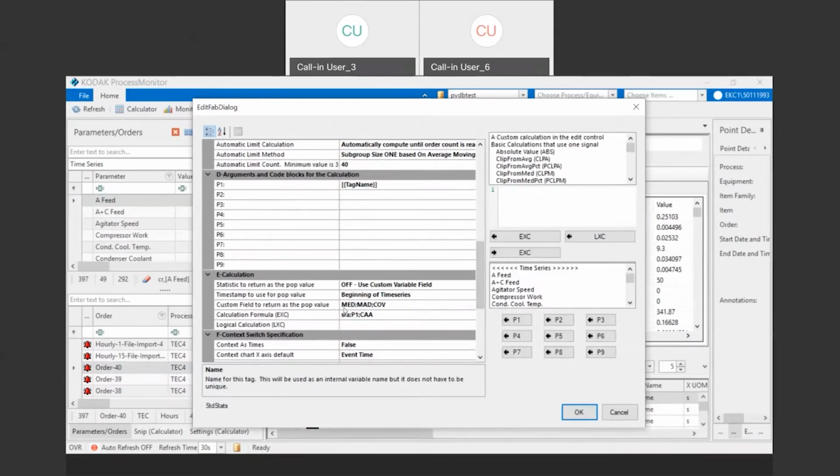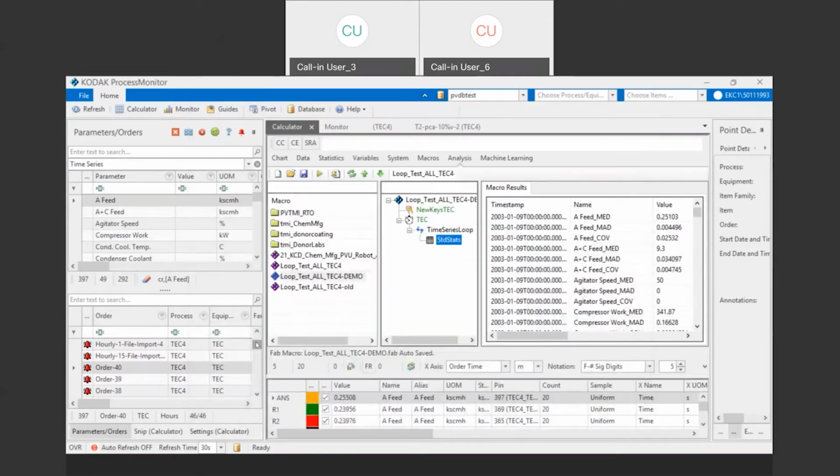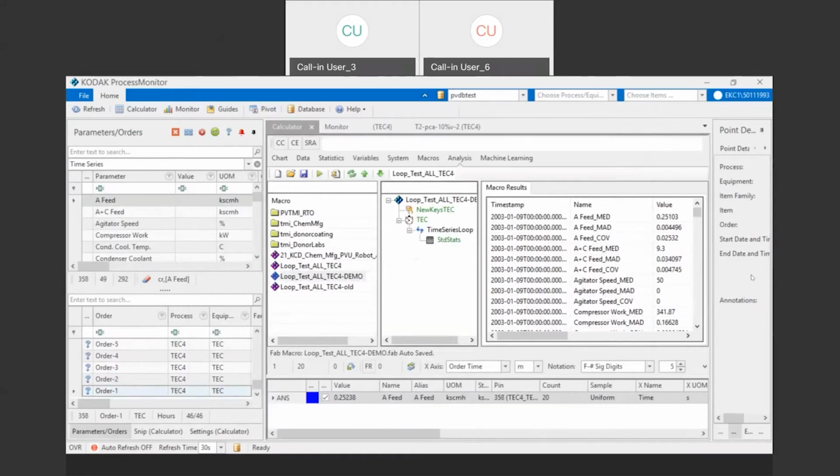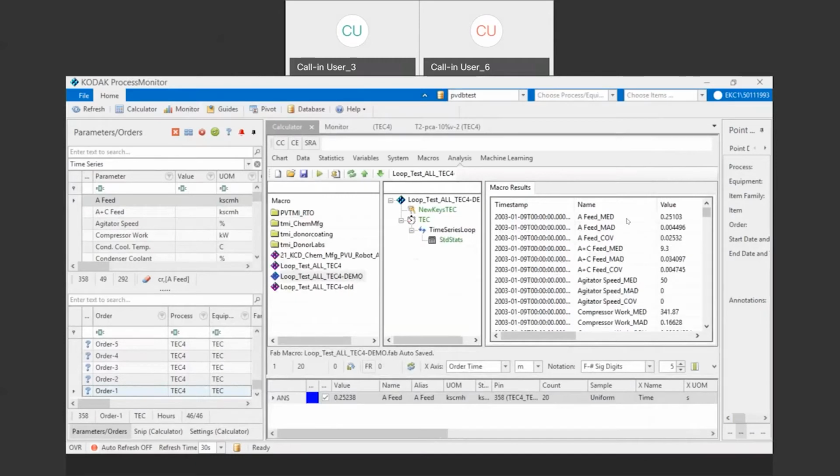But in this case, I just picked 3 things out. One was a robust estimator for the average or mean, the median. The second was something similar for the standard deviation, the median absolute deviation. And the other is the ratio between the two, the coefficient of variation or relative standard deviation. So I can click here on any one of the orders, usually starting at the first one, and all of a sudden, within a second or two, I get all of these wonderful statistics.